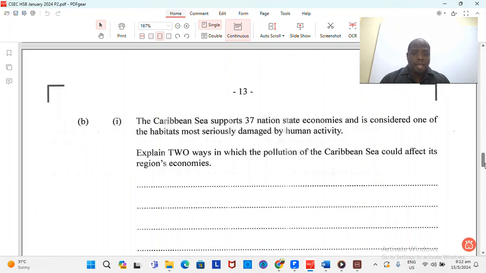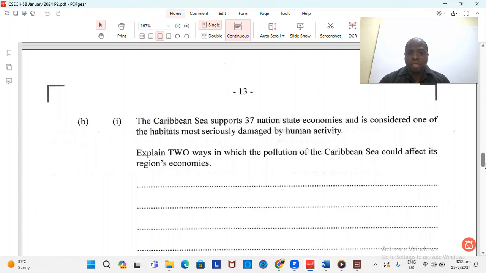So right there, it's going to cause us to lose money as it relates to tourism. If we are not careful, then doing the pollution is going to make the appeal reduce. It's not going to look as attractive to the tourists who want to come to Jamaica or any other Caribbean country. So that's one.